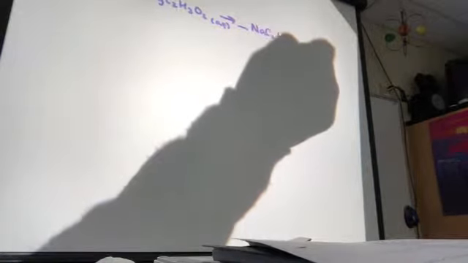So let's say we have NaCl aqueous plus AgC2H3O2 aqueous, and it makes NaC2H3O2 aqueous plus AgCl solid.